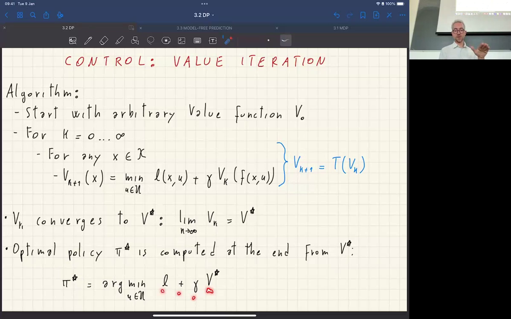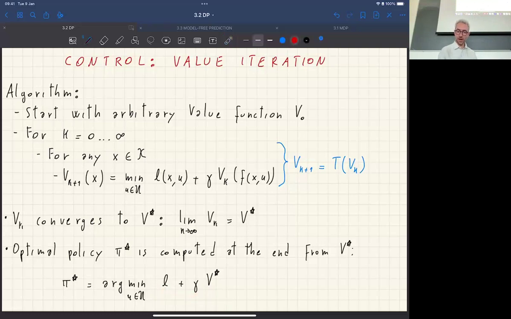Which we said in reinforcement learning, this is not good because you need to rely on the assumption that you don't know the system dynamics, but here we are still not in reinforcement learning land. We are still in optimal control land, so we know the dynamics, and so doing this evaluation is not a problem.